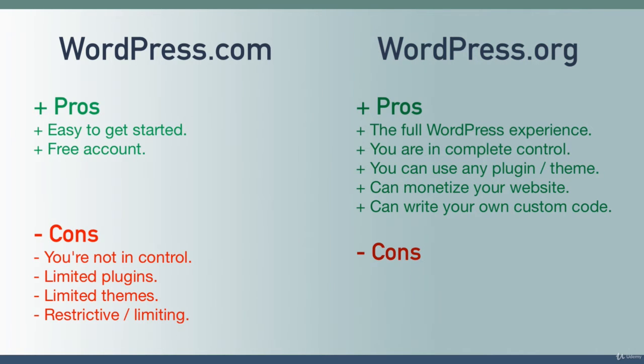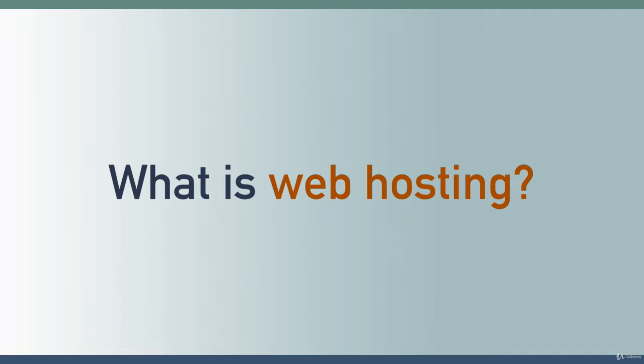There's really only one con to WordPress.org, and that is that you need to find your own web hosting. What does that mean? What is web hosting? Well, remember when I said that with WordPress.com, your website lives on their servers, and this is what allows them to limit or restrict what you can do.